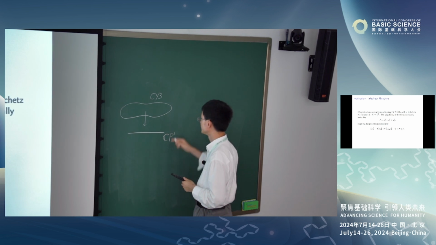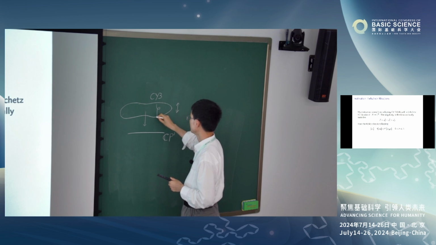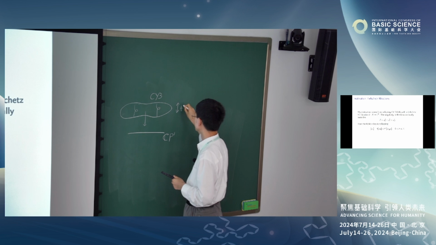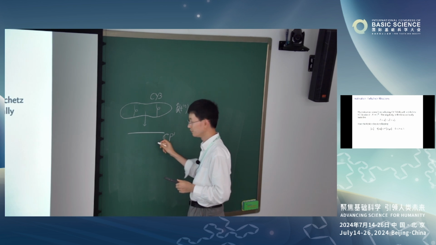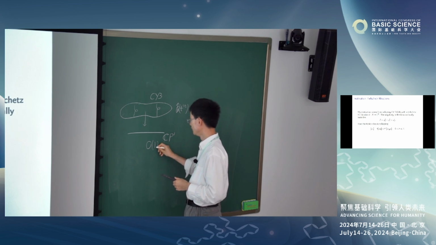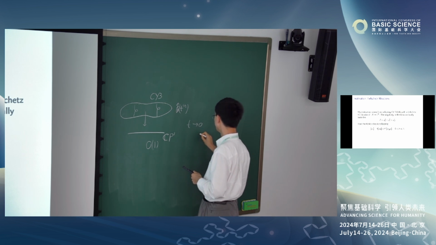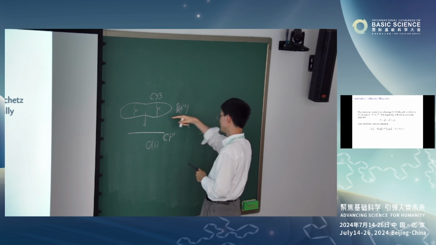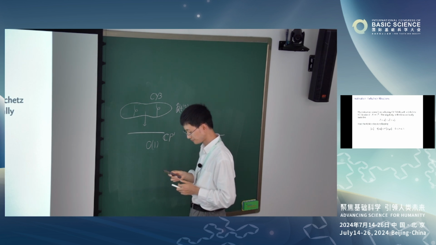So what happens is that the fibers are much smaller. The diameter scale is of order t to the 1/2, whereas the base is of scale 1. So what happens in the limit is that the whole thing collapses to the base. It drops dimension.